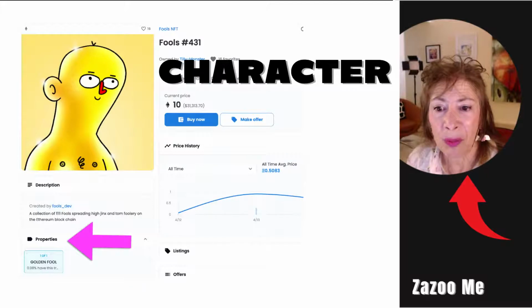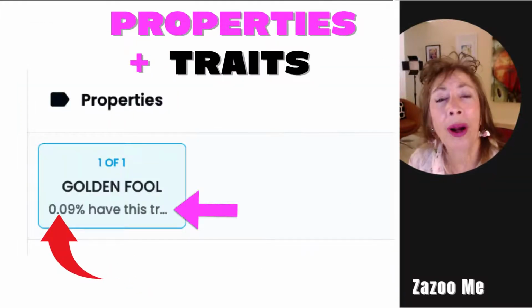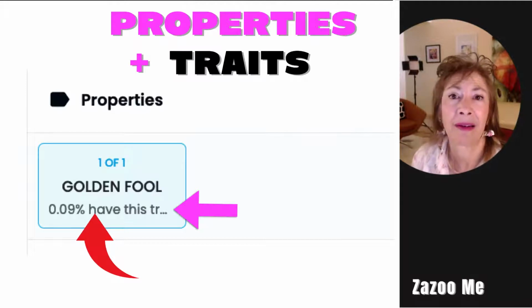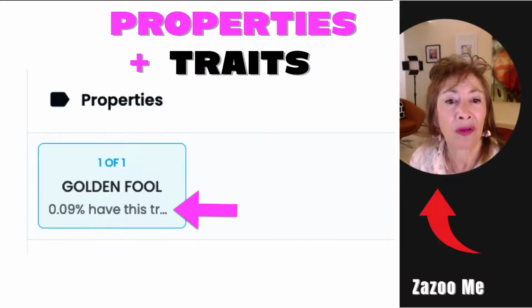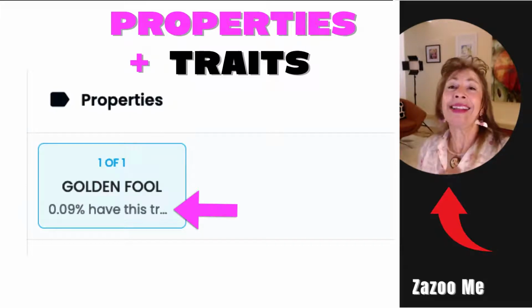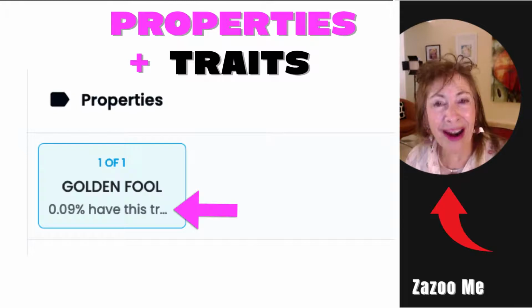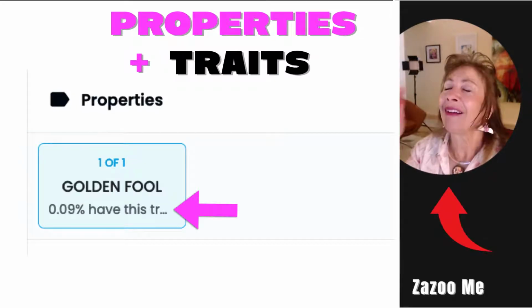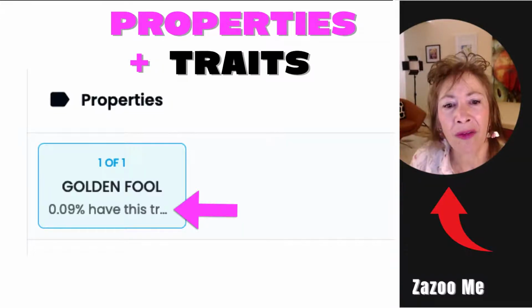Let me just pop to the next page so you see what I'm talking about. 0.09% have this trait. One of one Golden Fool. And this puts it in that category of super, super rare. Not rare, not very rare, super rare, super, super rare, because it is a one of one.